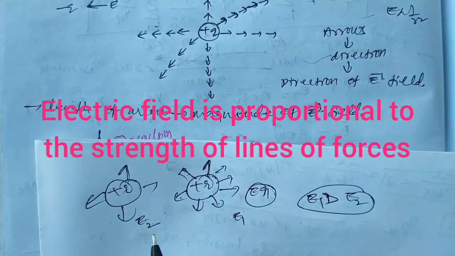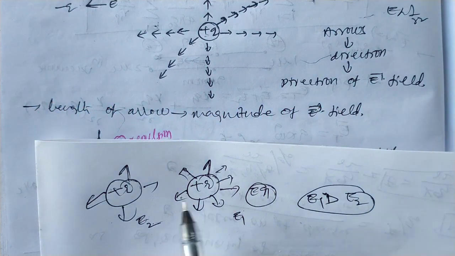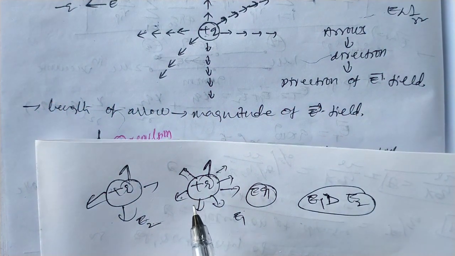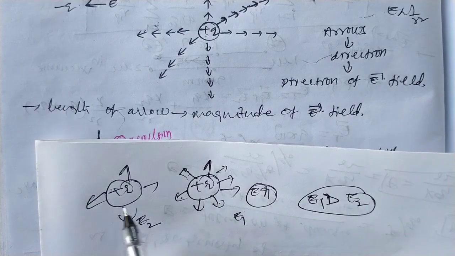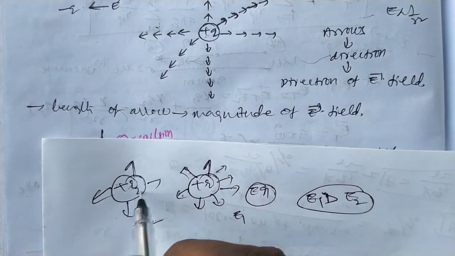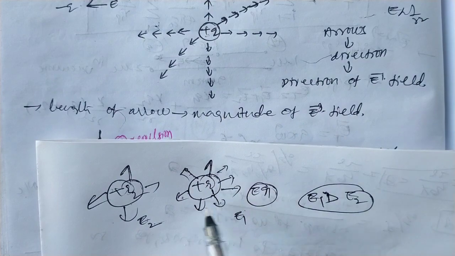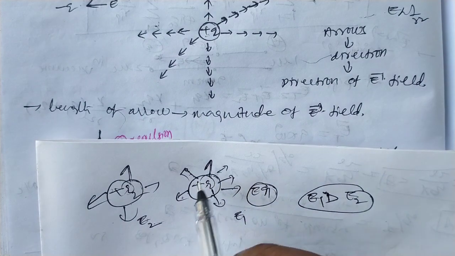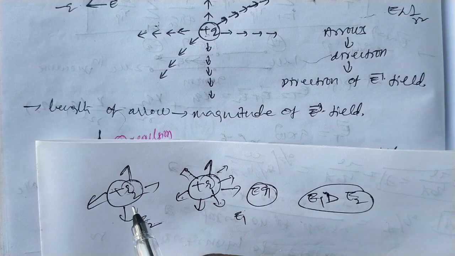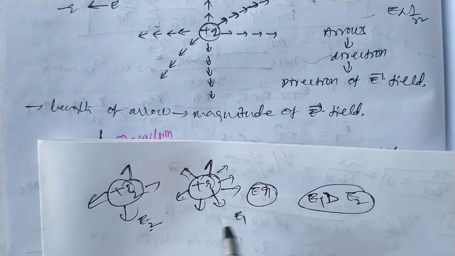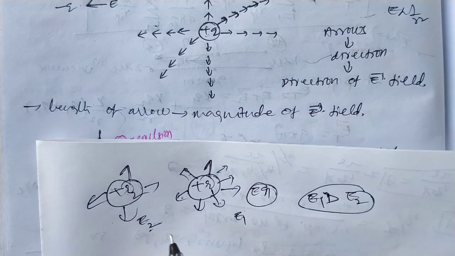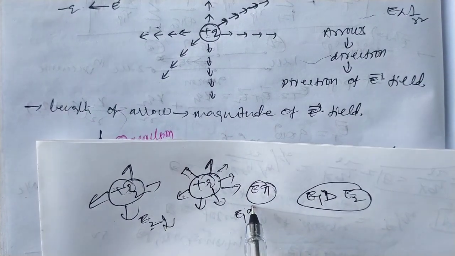This charge produces more lines of forces compared to the other charge. Here Q2, here Q1. The one producing more lines of forces has greater field strength, so the electric field due to the second charge is low compared to the first. E2 is low, E1 is high.